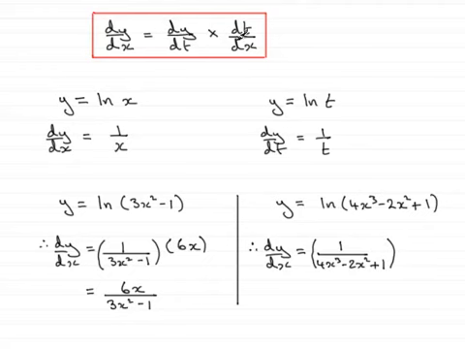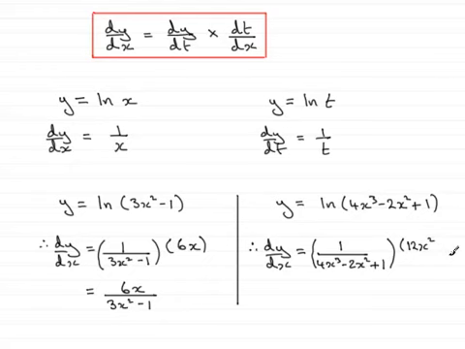And now I have to multiply it by dt dx. So all I need to do is take my t value, which was 4x cubed minus 2x squared plus 1, and differentiate it with respect to x. In other words, that will give me dt dx. And if I do that, differentiating 4x cubed is 12x squared.